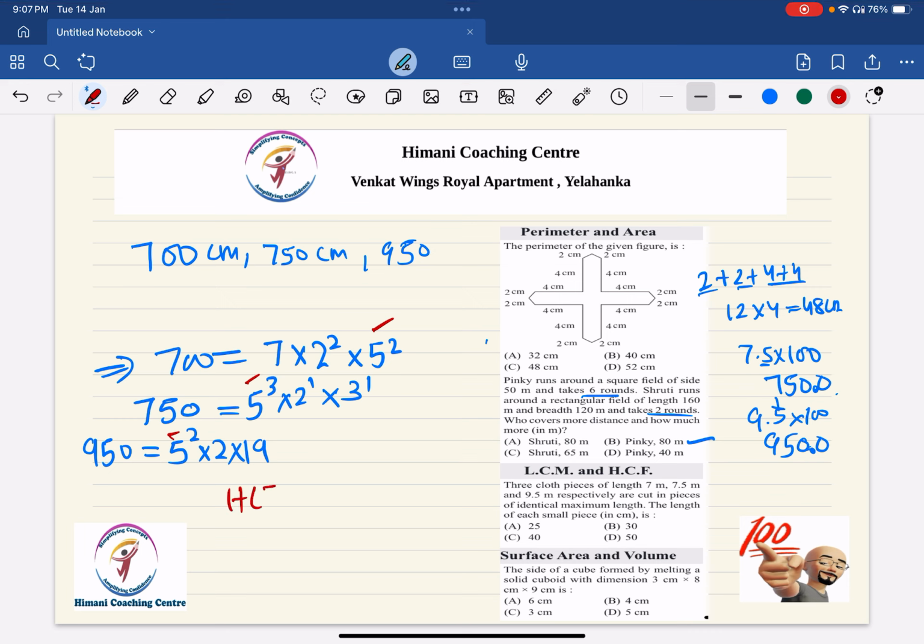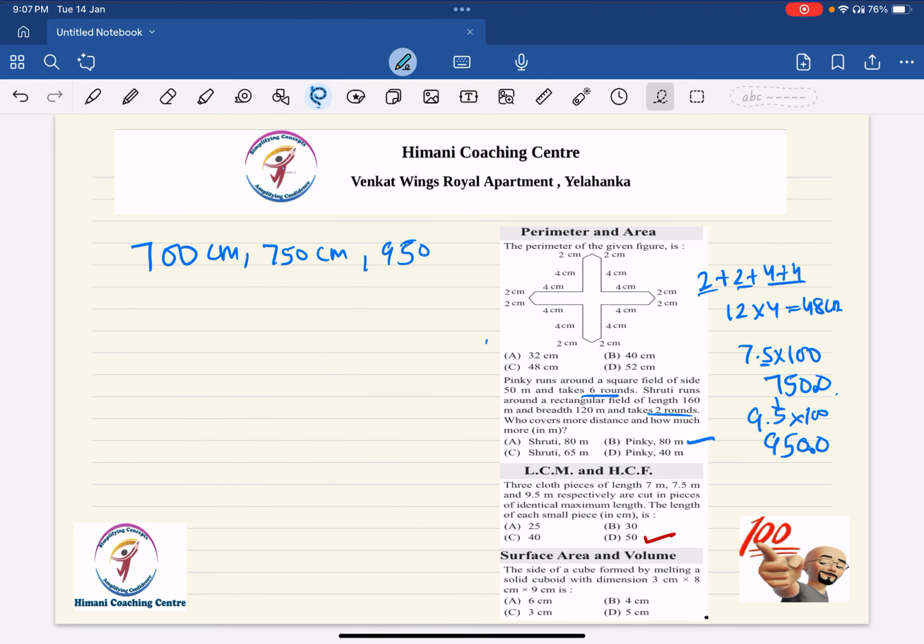So we will write 5 square. Then can you see 2 is here also, 2 is here also, 2 is here also, and the least power is 2 to the power 1. Now 5 square is 25 times 2. So 50 is the answer. So the length of each small piece would be 50.